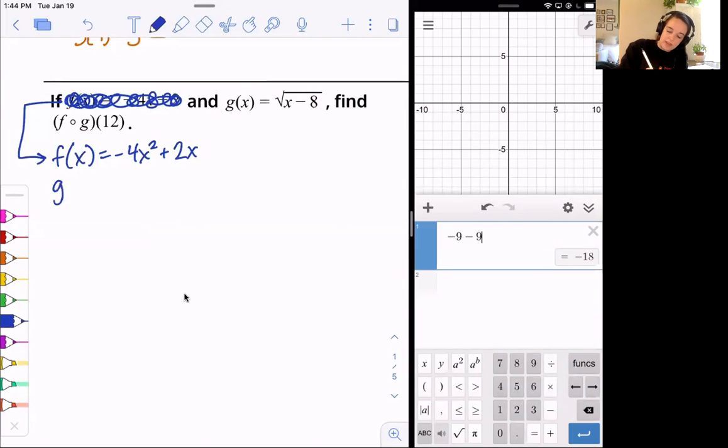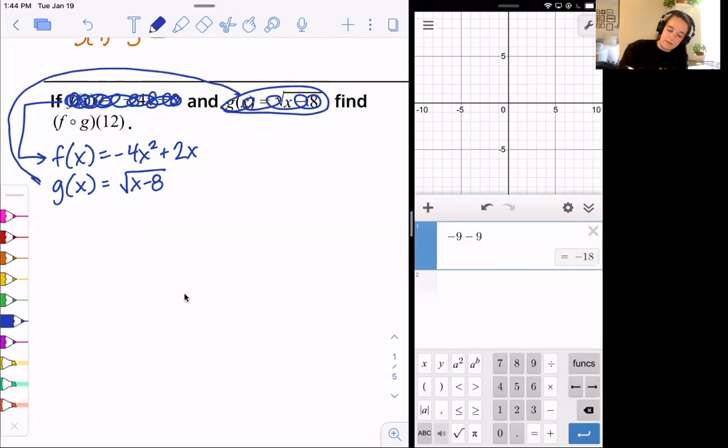And then g of x is the square root of x minus 8. Same problem, we're just changing it. We're going to do f of g of 12.